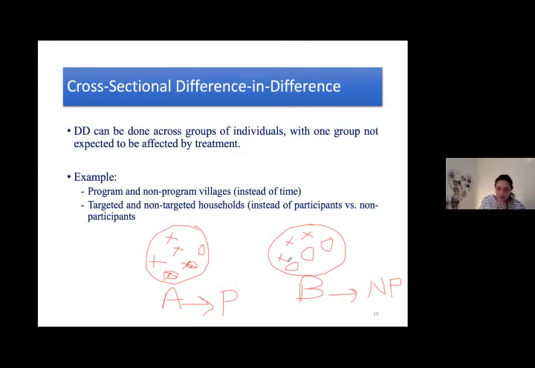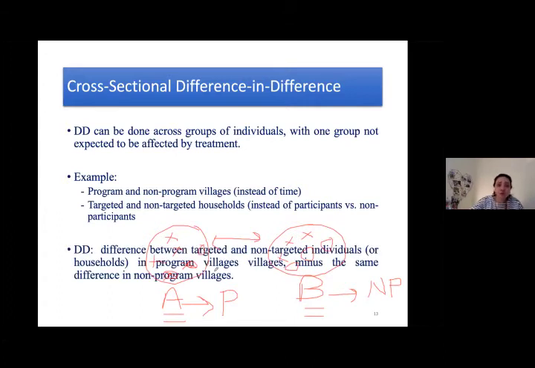So instead of 2012 and 2019, we have A and B, and instead of having real participants and non-participants, I will focus on targeted and non-targeted. So even in B, where the program will not be implemented, still some individuals can be targeted by the program and others are not targeted. And instead of comparing over time or change over time, I am comparing between both geographical locations.